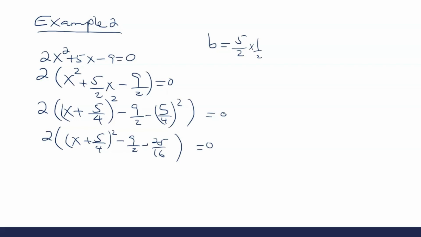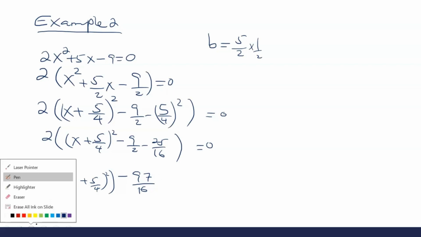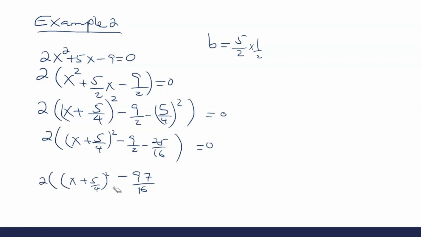So that's going to be 97 over 16. To make it the same denominator, put another bracket again. Take the 2 out. 5 over 4 squared. I think this one you have to take this bracket out. So take that one out.